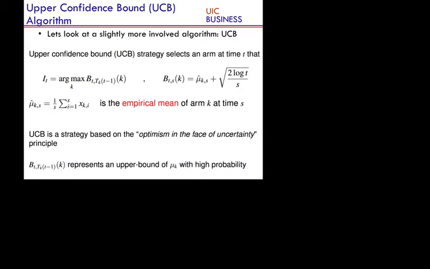Optimism just means that I'm going to add an additional term to the empirical means and then take the decision of which arm to pull. So I'm removing the coin flipping part in the epsilon greedy algorithm and bringing in an additional bonus to the empirical mean, and then just deciding which arm has the highest bonus value and playing that arm.